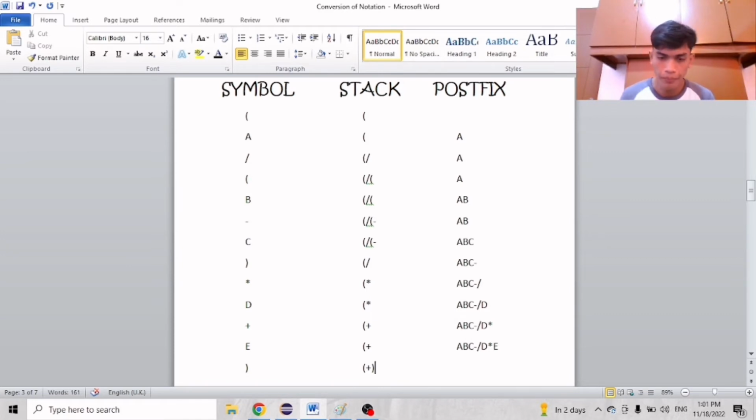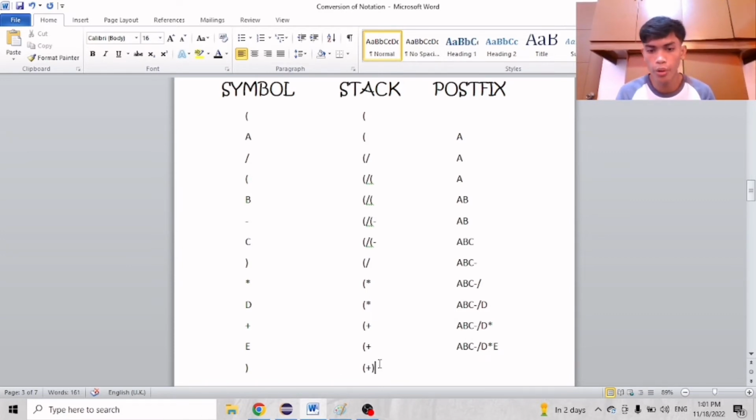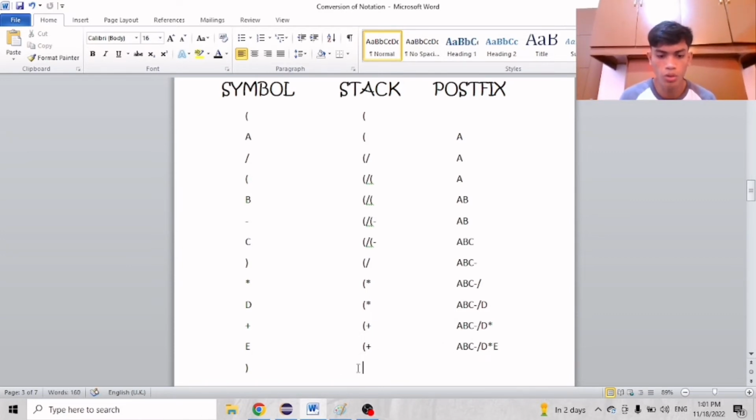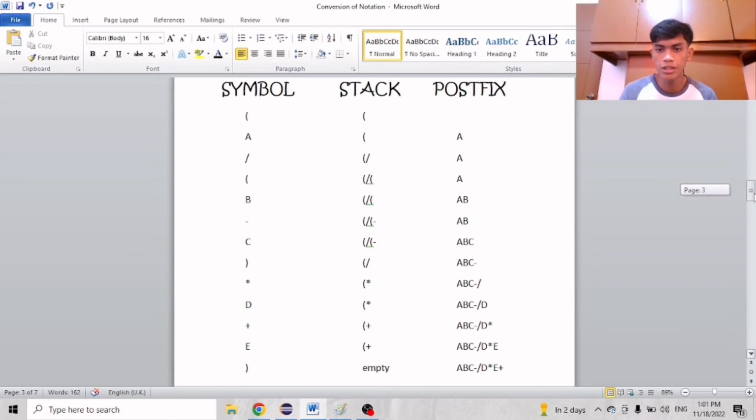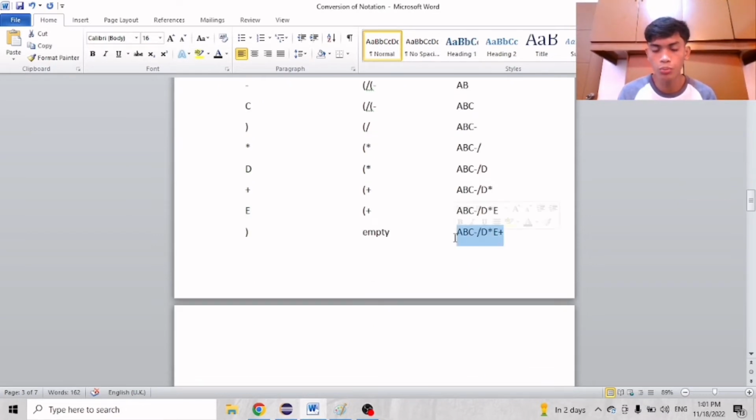Again, we see rule number 4. It needs to be popped. So it means it's now empty. ABC, D, E. Then what is the popped operator? The plus sign. This is now the final output of the postfix.